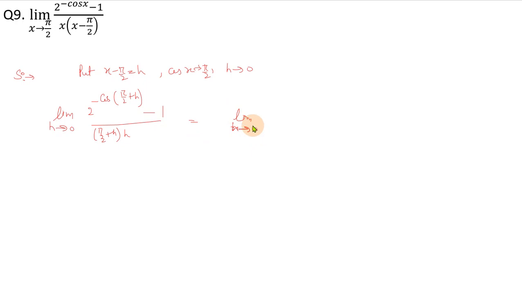Now h approaches to 0. This becomes cos of 90 plus h, which moves into the second quadrant where cos is negative. So at an odd multiple of 90 degrees, the value changes to sine. This is 2 power sine h whole minus 1 upon h into pi by 2 plus h.